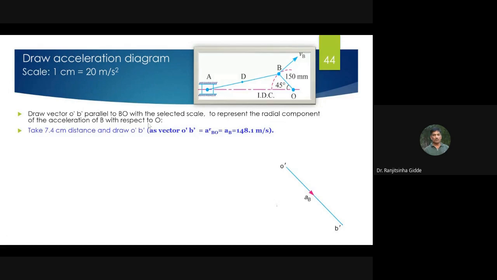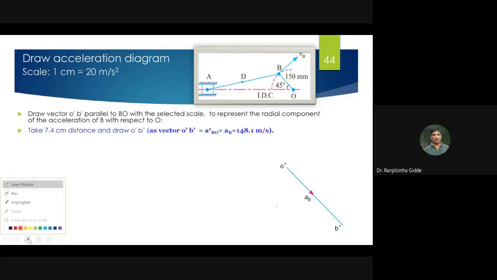First listen. So this one is the crank. And its radial component is parallel to this link or the crank. So already we have seen while representing acceleration of the link.